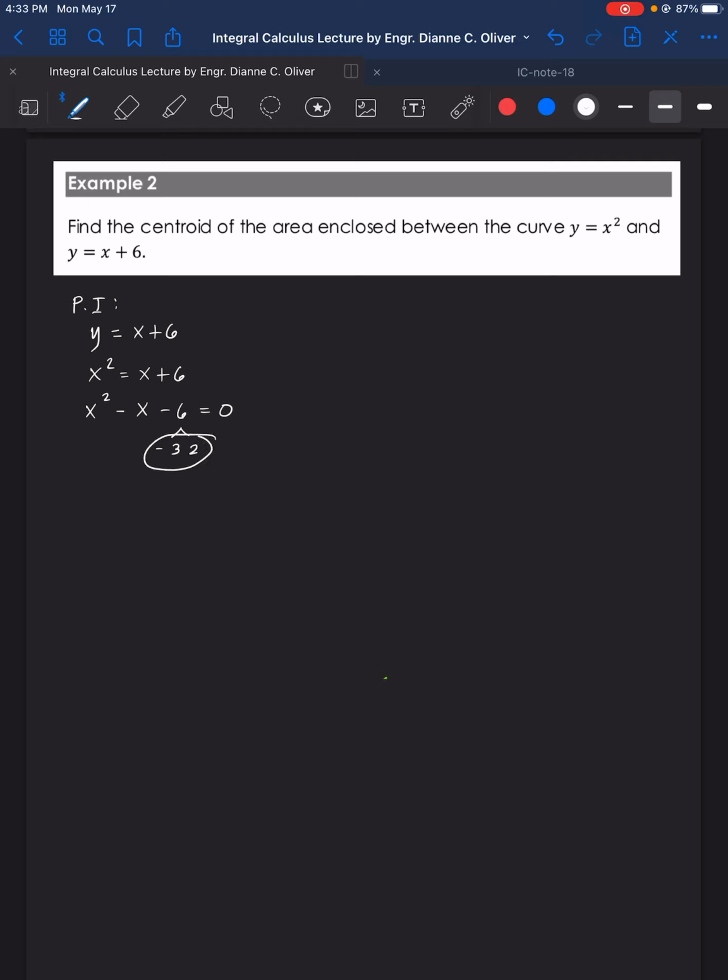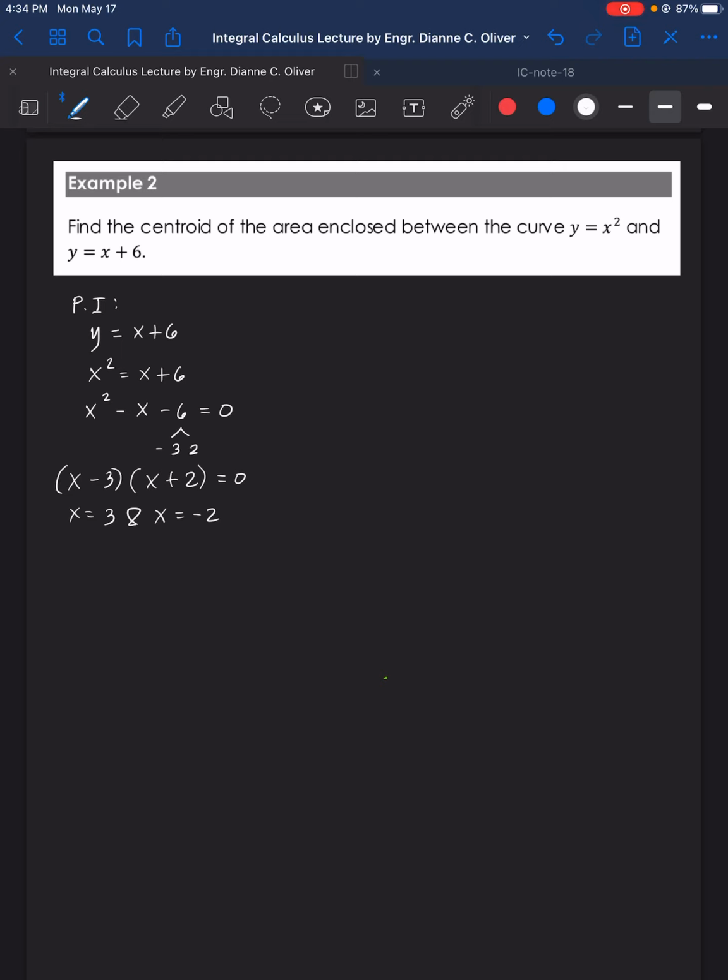If we add this, the value will become negative 1. That is correct. Therefore, we have here (x minus 3)(x plus 2) is equal to 0. Therefore, we have x is equal to 3 and x is equal to negative 2.